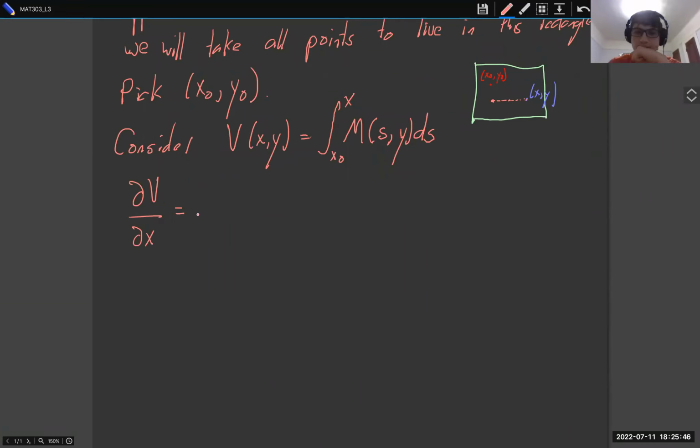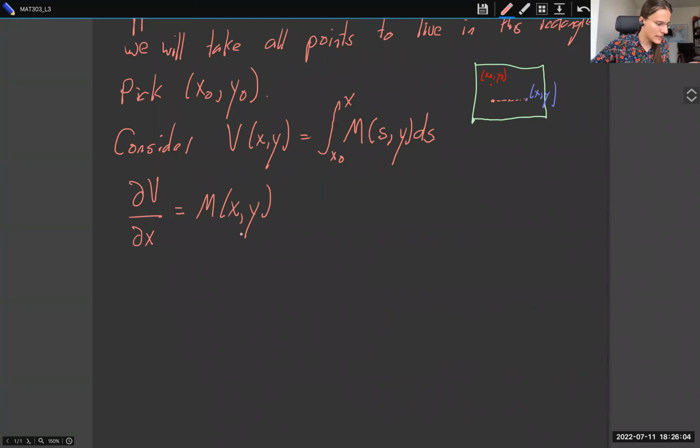You're going to plug in x, so it's going to be m of x, y. And the reason is that it's changing as the endpoint. So how quickly is it changing? It's changing by whatever this quantity is at the endpoint.